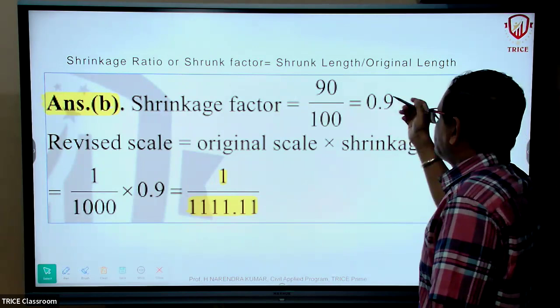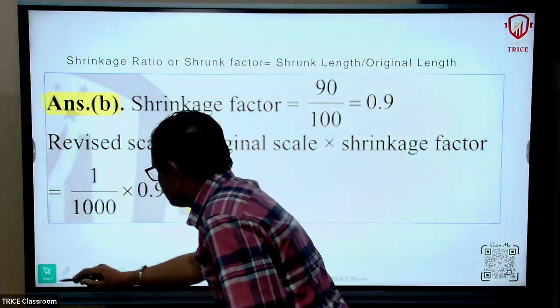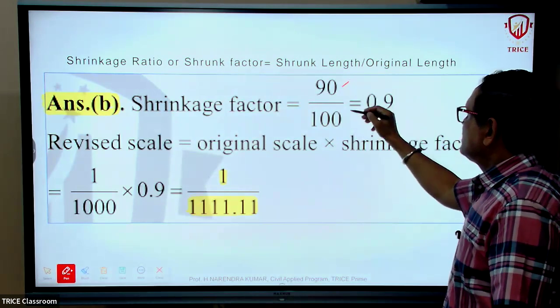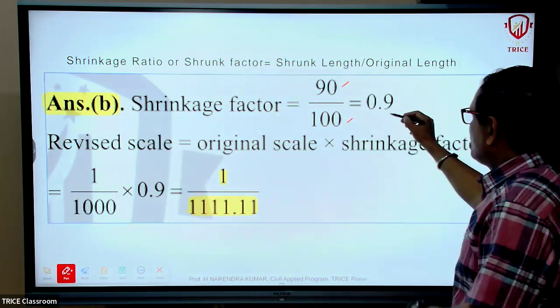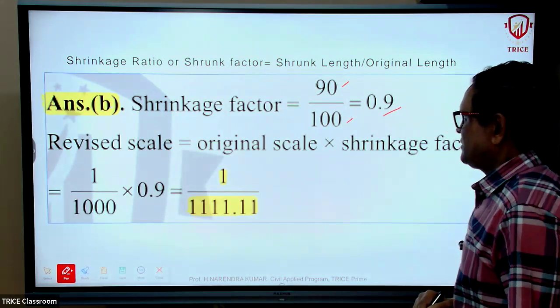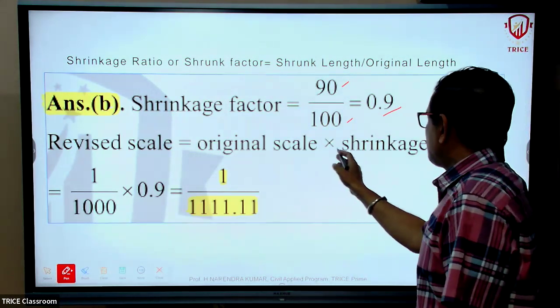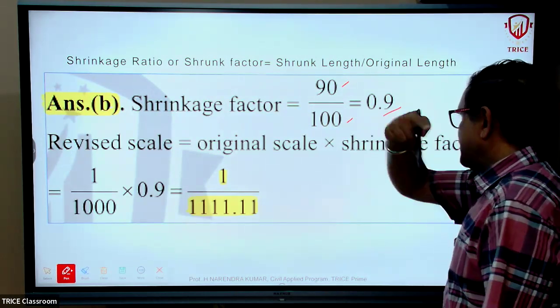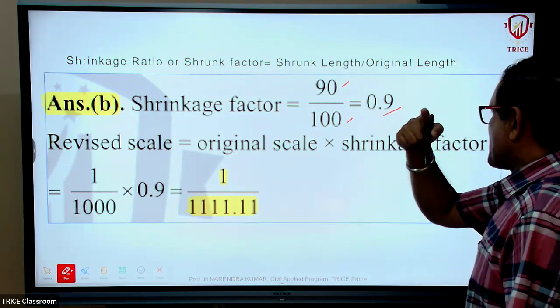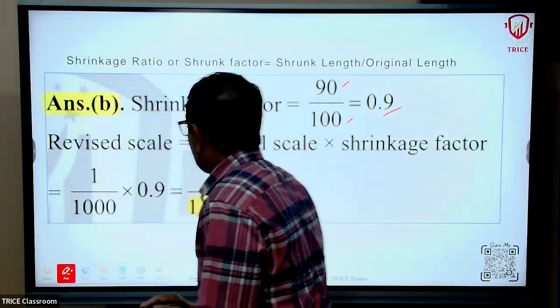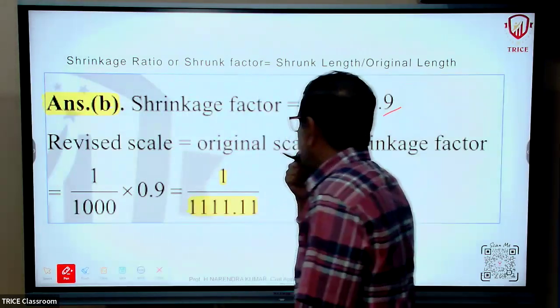So the first calculation is the shrinkage factor. It straight away gives me 90 by 100, so 0.9 is the shrinkage factor or shrinkage ratio. Revised scale is equal to original scale multiplied by the shrinkage factor. This was already explained in the previous problem. The original scale given in the problem statement is 1/1000, multiplied by 0.9.